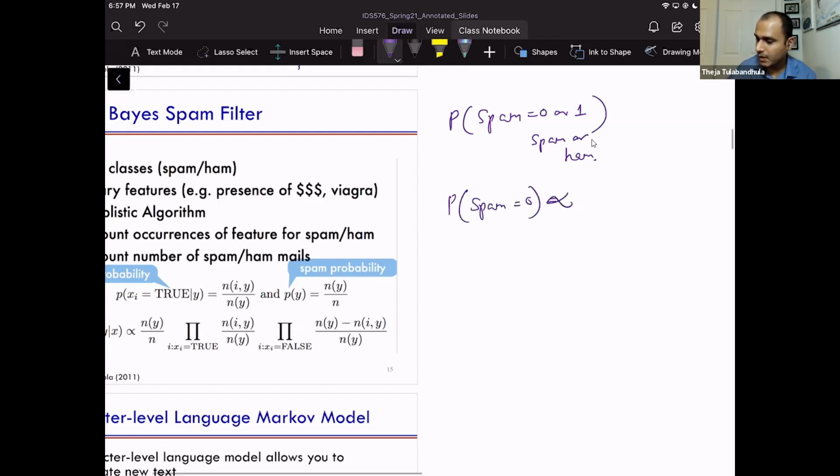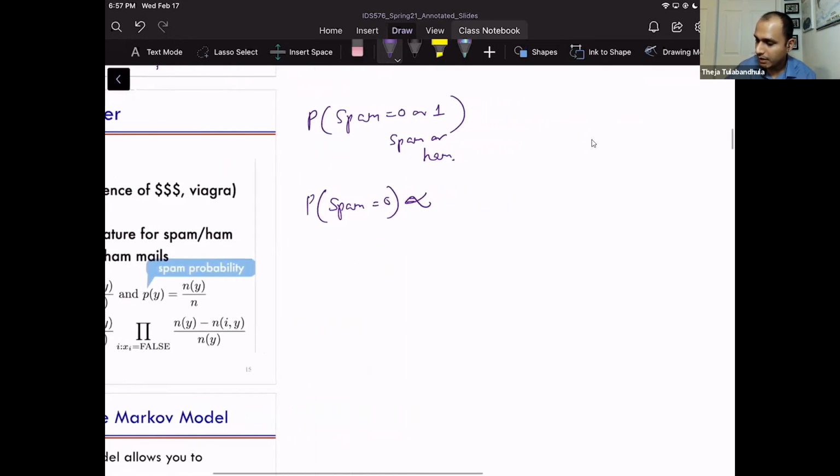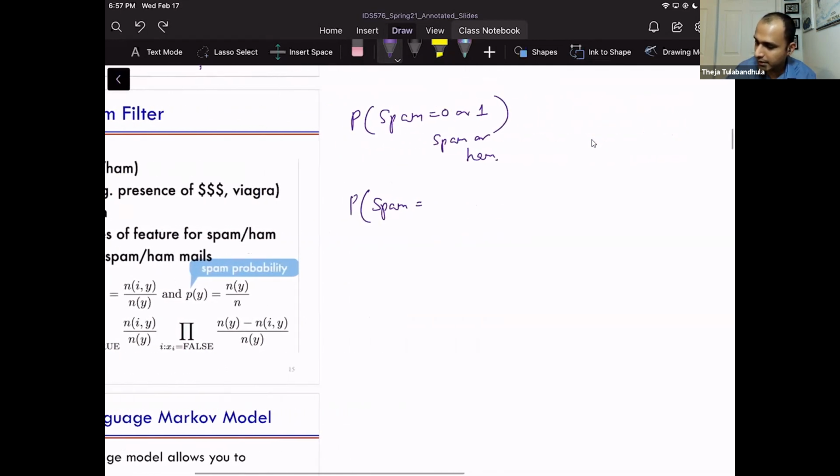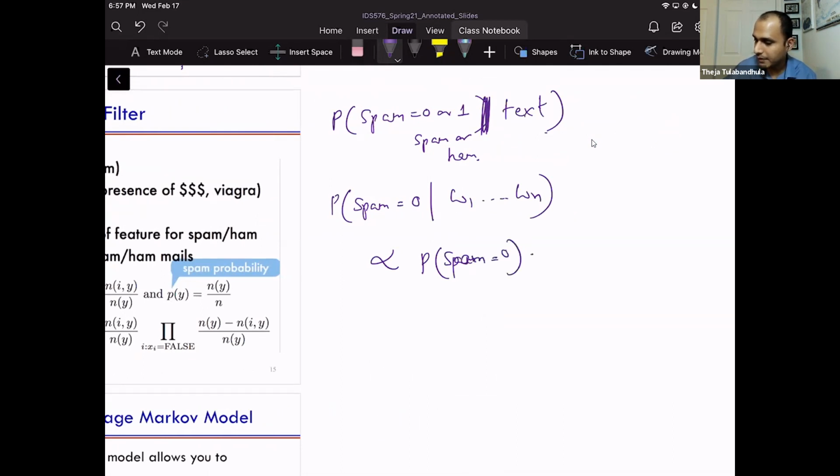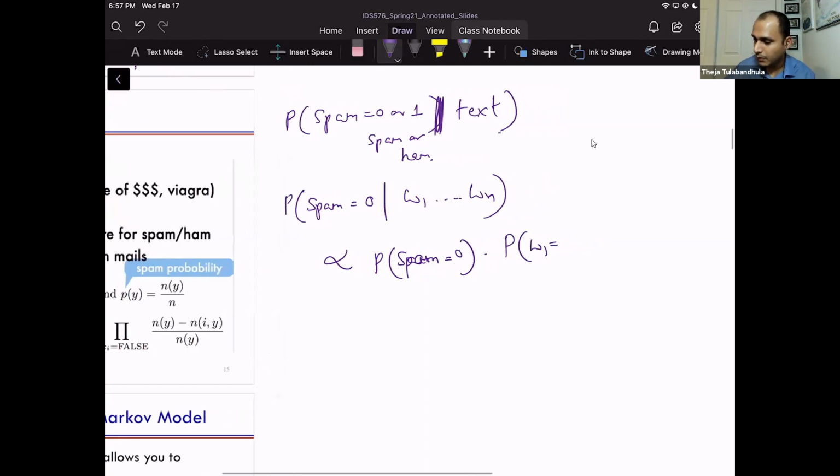is proportional to, let me explicitly say this, given the text, which was W1 all the way to Wn. We said this is proportional to the probability of spam equal to 0 times the probability of W1 equal to whatever the specific values the text took.